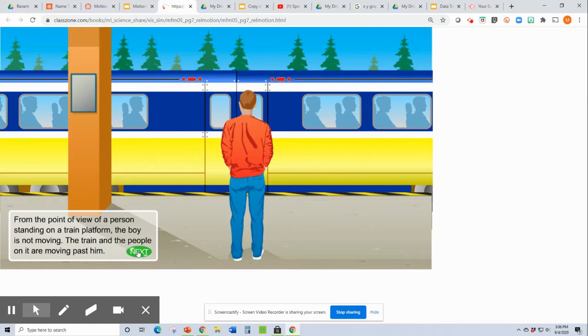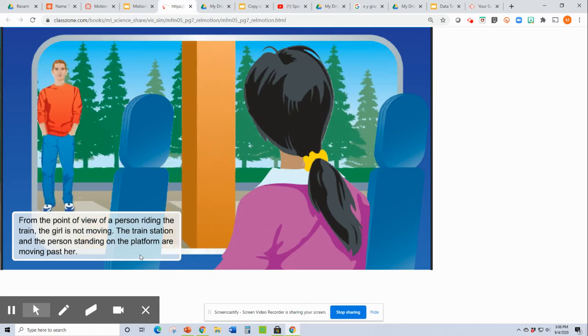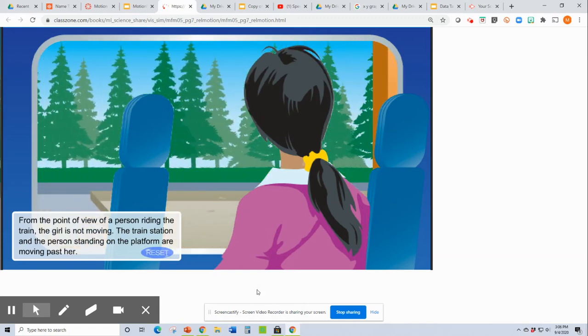Well, what if we change our perspective? Now I'm going to pretend that we are on the train, and in fact, we're sitting right beside that young lady. So let's change our perspective. Now, if I'm sitting right beside this young lady, look what happens. See our guy? Now, in relation to me, this young lady is not moving because I'm sitting right beside her.